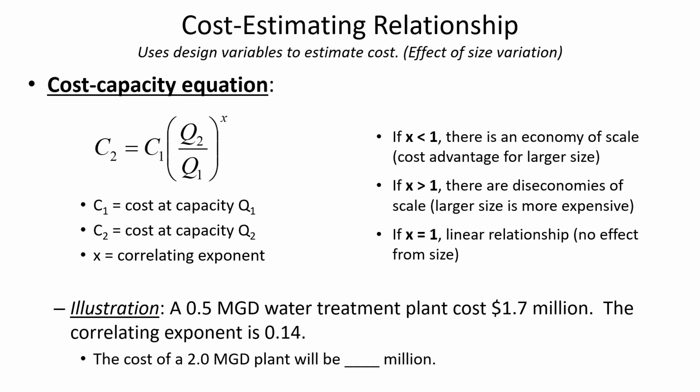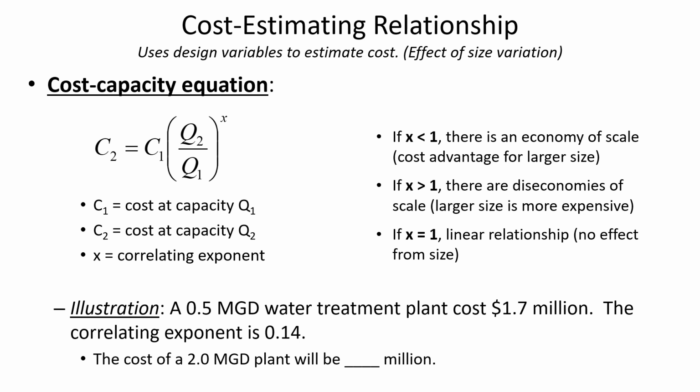And then we want to know what is the cost of a plant that has a size of 2.0 MGD. And so C2 is the unknown. And water treatment plant has a correlating exponent of 0.14. So x is 0.14.